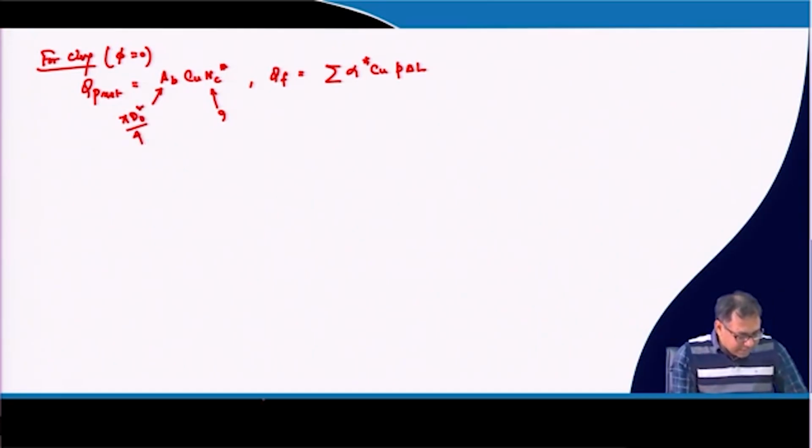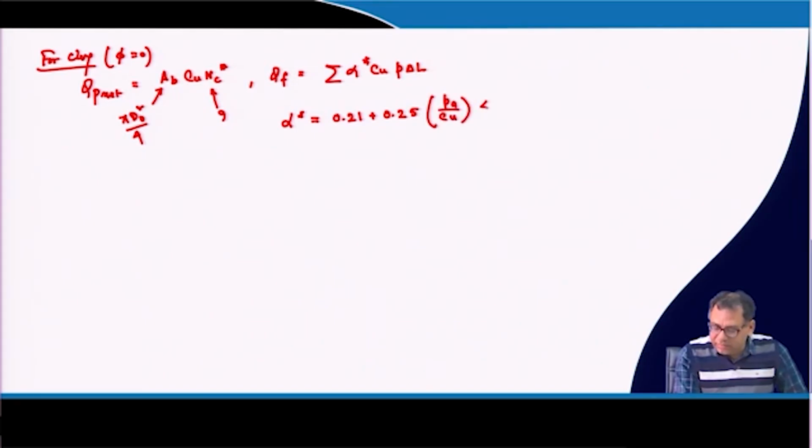Okay. And alpha dash is suggested as 0.21 plus 0.25 times P A divided by Cu, and that should be less than 1.